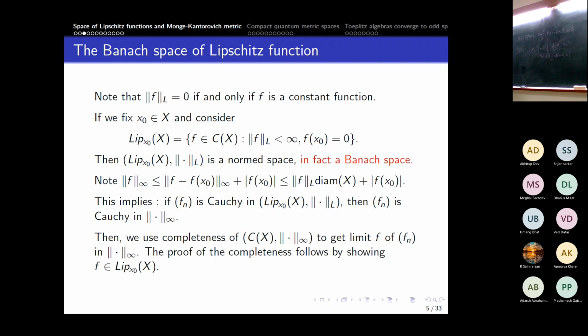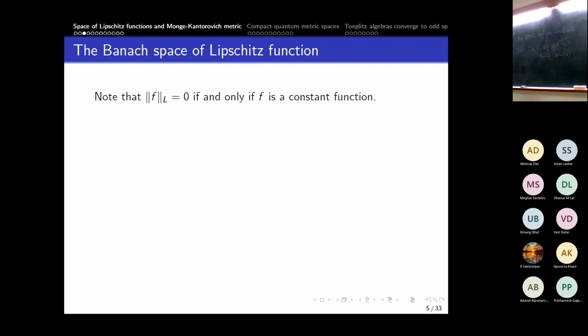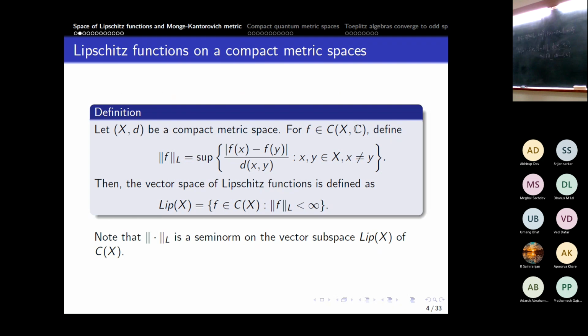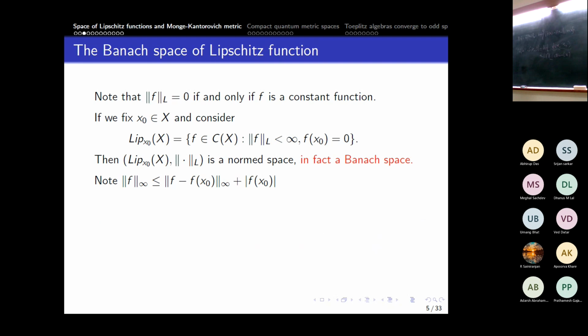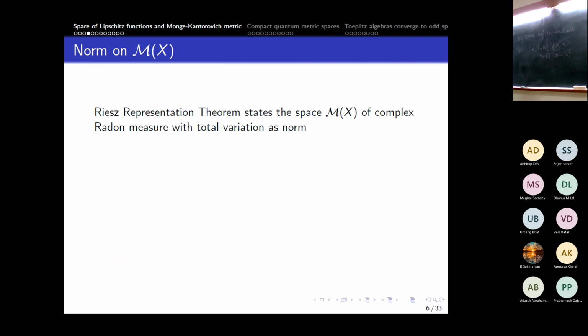The proof goes by our usual epsilon by 3 argument technique. This quantity is very classical. We must have seen this in BSc while doing metric spaces. So this gives us a Banach space. Today we'll see it actually gives us much more. Using this, let me define a norm on the space of complex Radon measures.